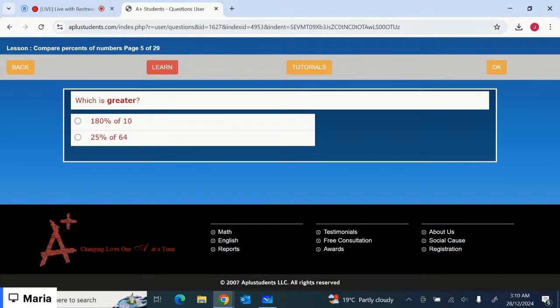Which is greater, 180% of 10 or 25% of 64?